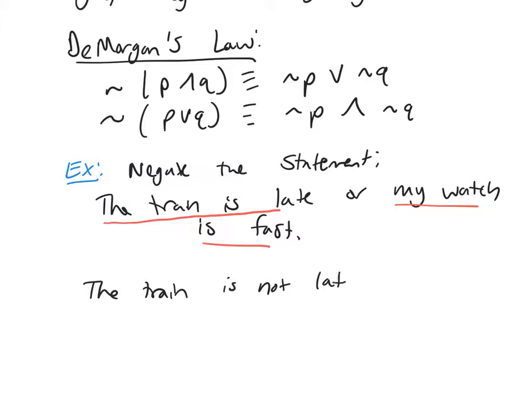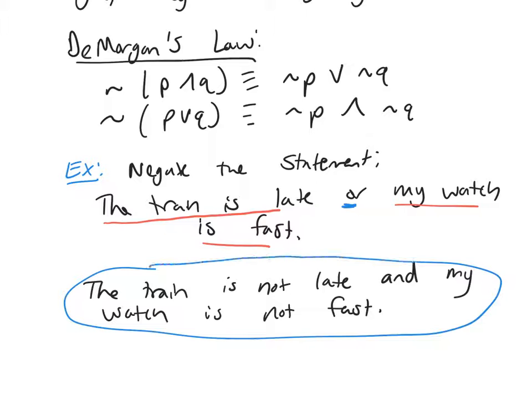And then we've got to take this or here, it becomes an and, then negate my watch is fast would be my watch is not fast. And that would be my negation of this statement. So again, the big thing is to make sure that you flip, in this case, the or into an and statement.